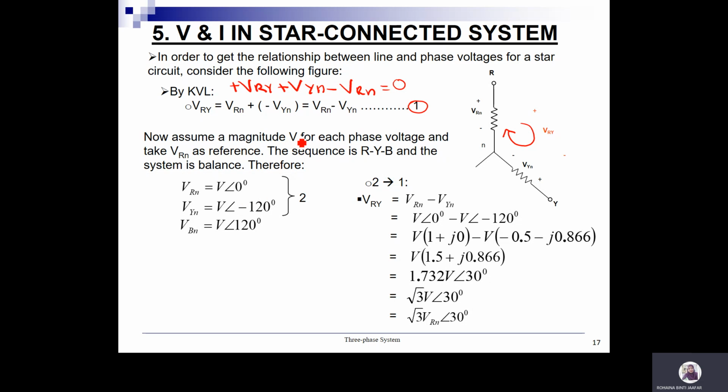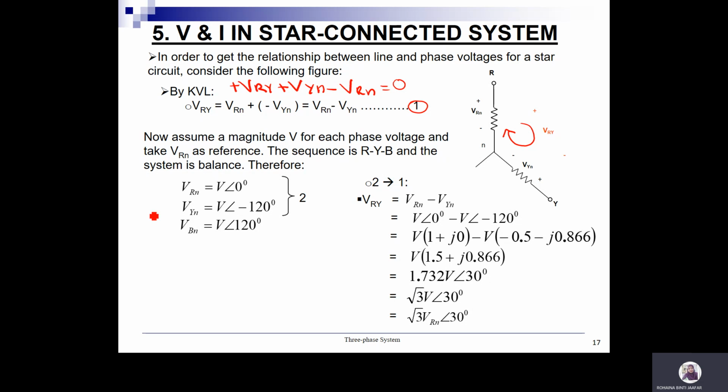Now assume the magnitude V for each phase voltage. We take VRN as reference, so we write V with angle 0. The sequence is positive sequence and the system is balanced.